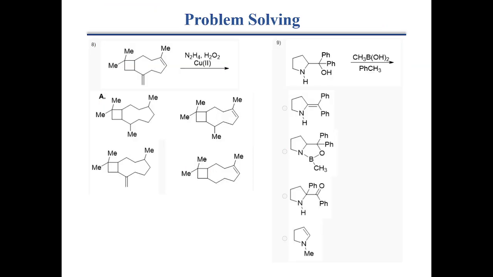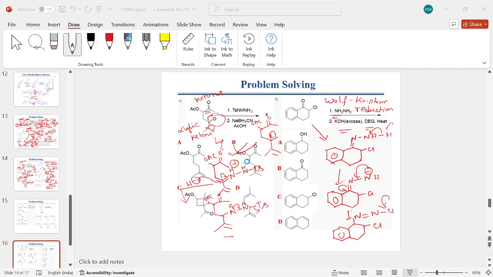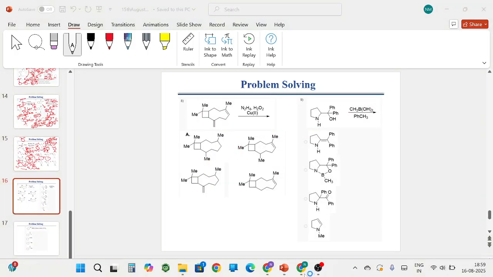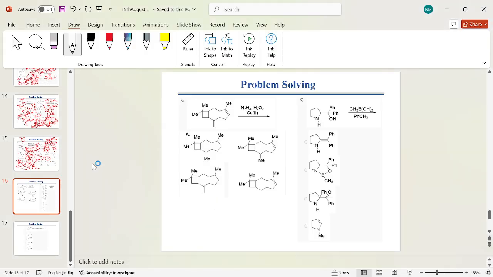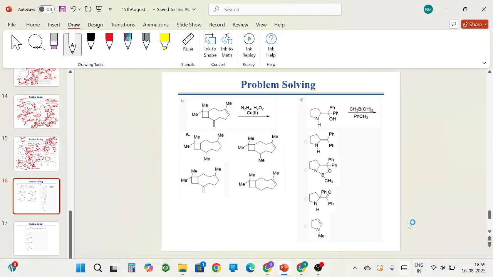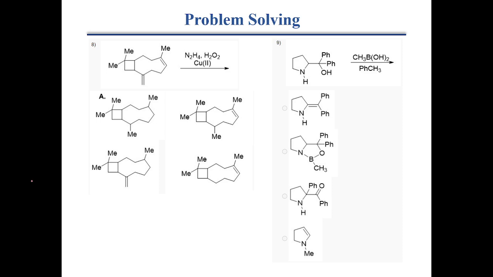Now if we come to the next question. So N2H4 under H2O2 conditions forms diimide.